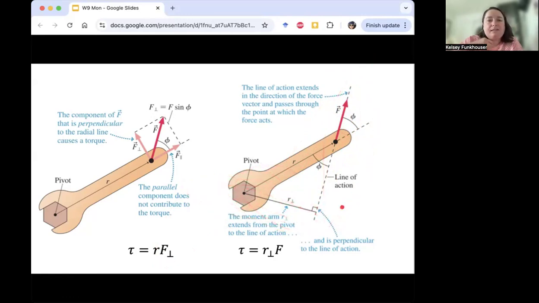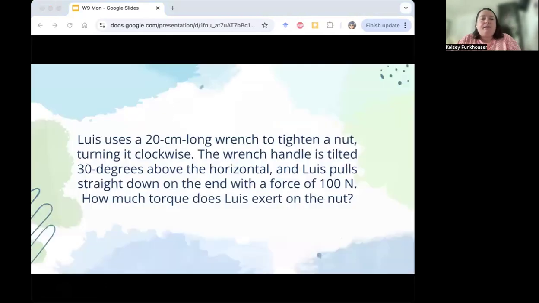And perpendicular here means perpendicular to the direction of the force. I'm going to show you an example where we can look at it both ways. Just like we might pull the perpendicular component of the force, we could also pull the perpendicular component of the radius, because again, it just depends on the problem. So let's look at this problem and then we'll work on it.